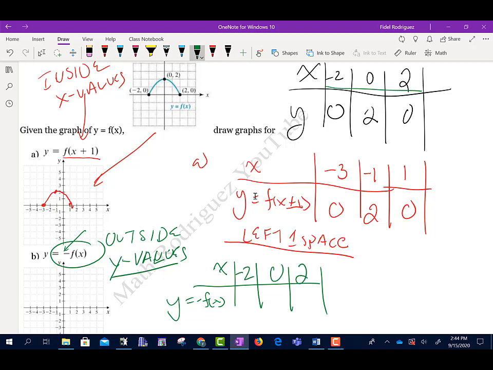Negative 2, 0, and 2. My y values, all I'm going to do, guys, change your signs. That's still 0. This is now a negative 2, and this is 0. So negative 2 and 0 is right here. 0 and negative 2 is over here. 2 and 0 is right there. Here we go. And you can see what we did is we flipped it, didn't we? We flipped it across the x-axis.